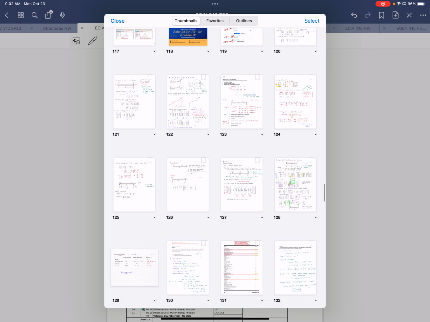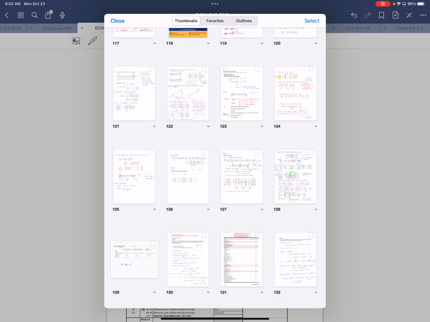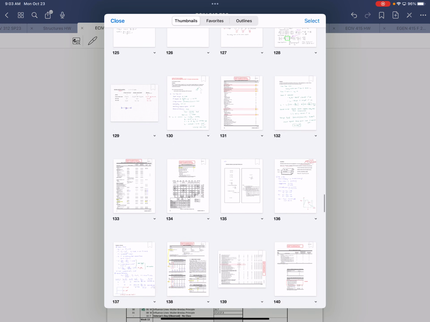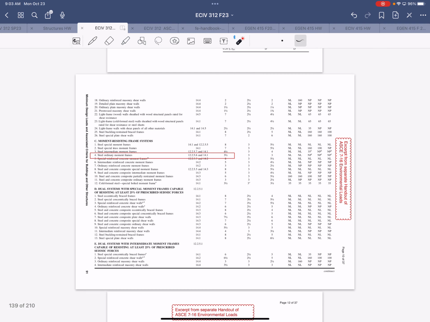But basically, if you go through the slides or the reading, when we talked about the R factor, so this table, right? This was from the example in class, but you'll look up two different R factors, and we want to use the smallest one in our calculations, because the smallest R factor is going to be more conservative. It will give us a larger base shear.